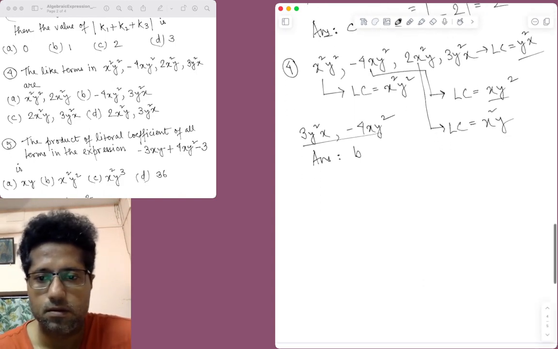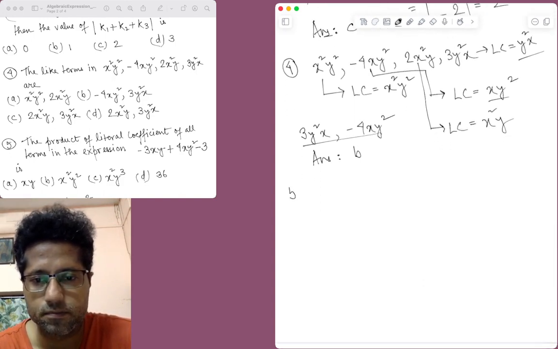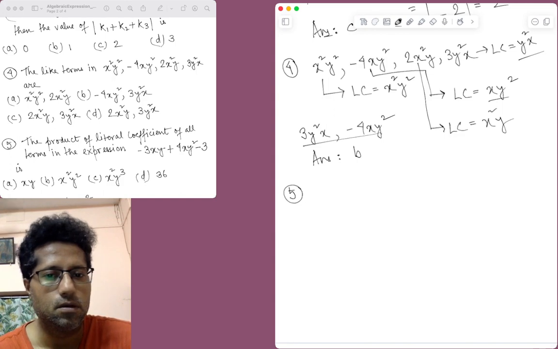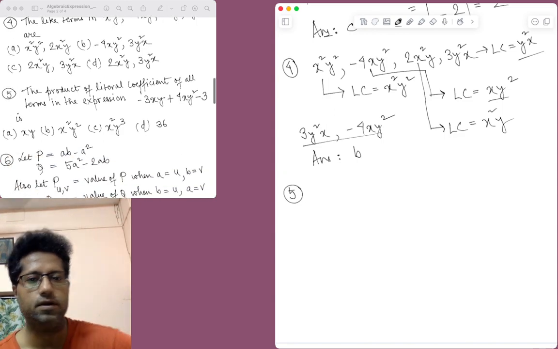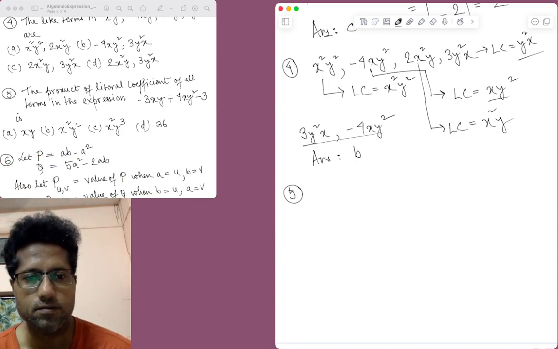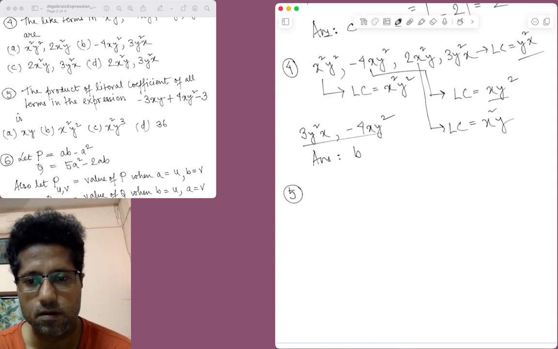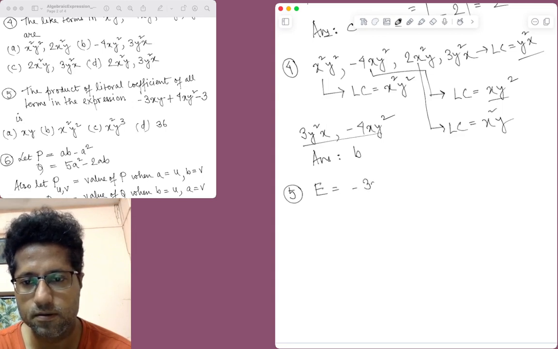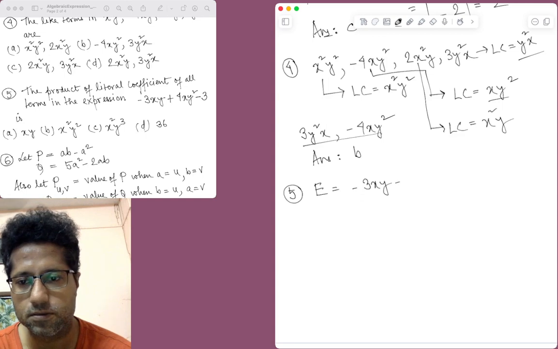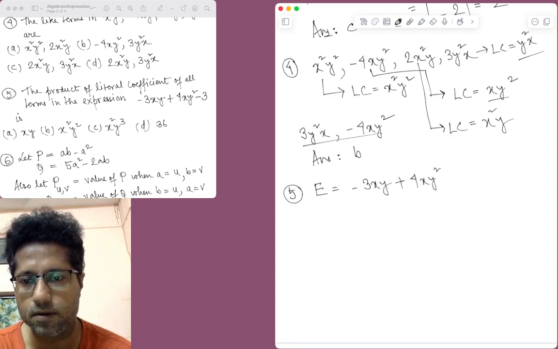Okay, let's do question number 5. The product of literal coefficient of all terms in the expression is... The expression given is minus 3xy plus 4xy square minus 3.